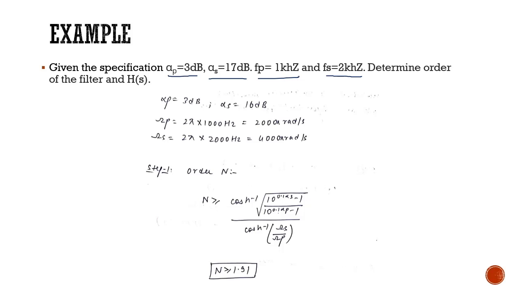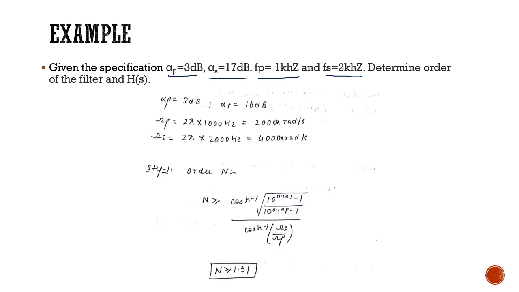Determine the order of the filter and H(s). Even though the statement in this question says determine the order of the filter and H(s), it's basically telling us to design a Chebyshev filter, right? Because finding n and eventually getting H(s), which is the transfer function, is essentially designing the filter in itself.